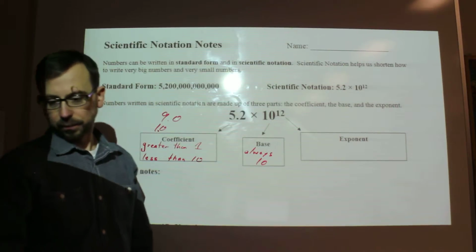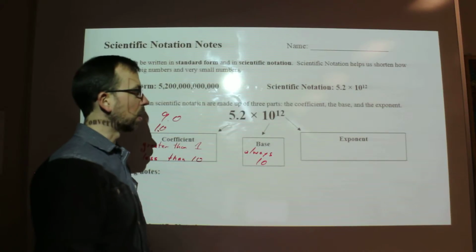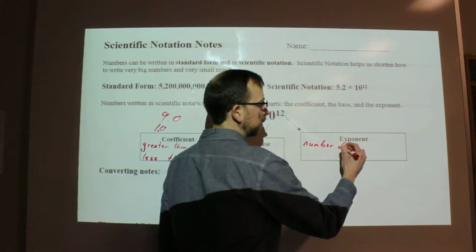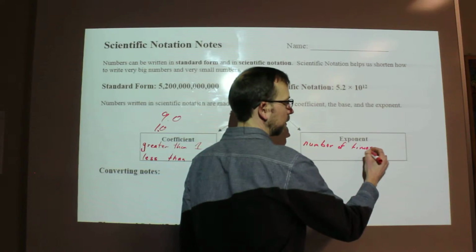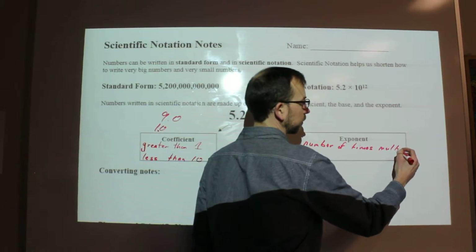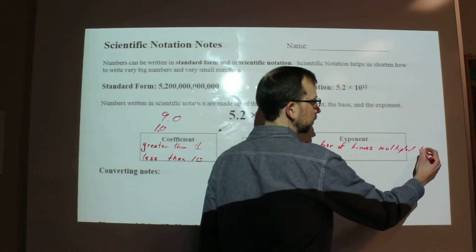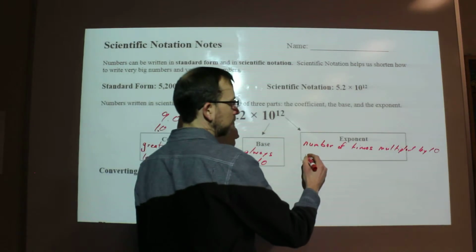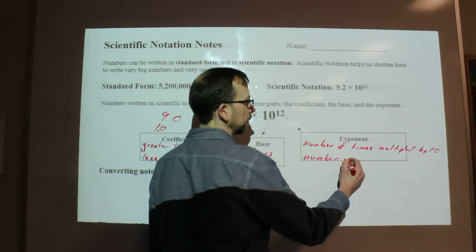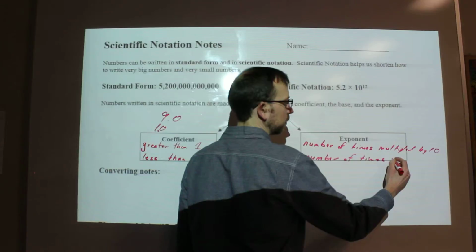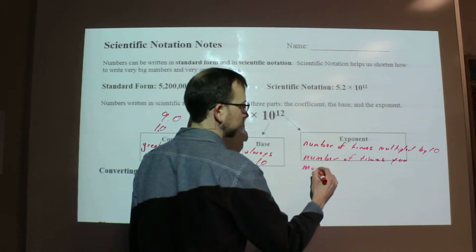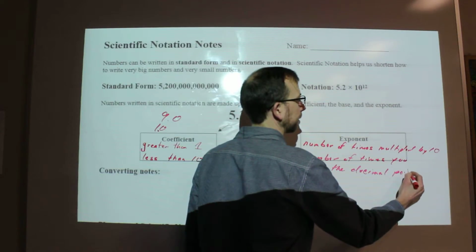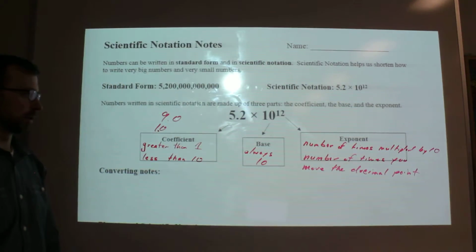This is the number of times you're multiplying by 10, or in shortcut, the number of times you move the decimal point.